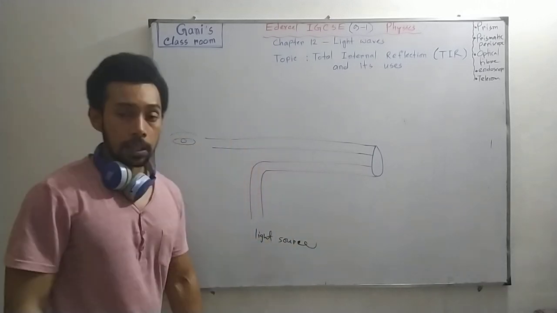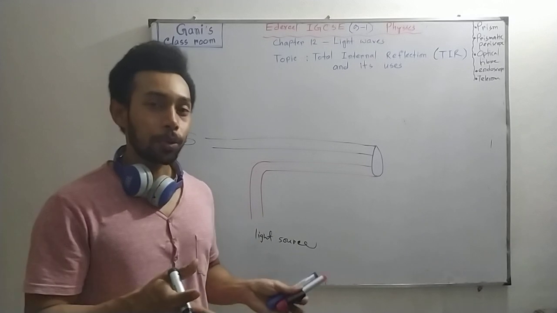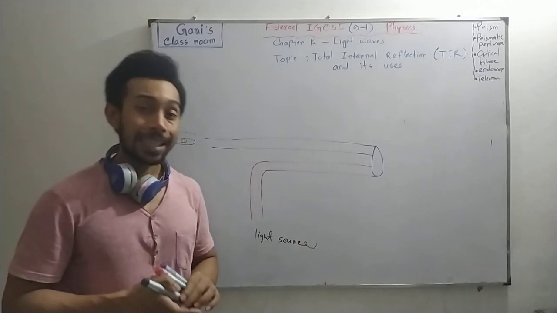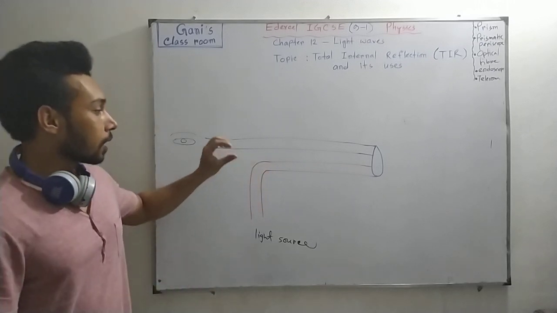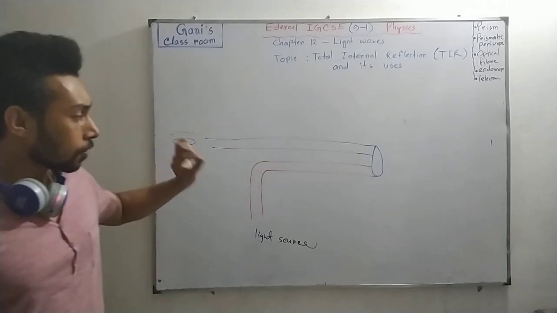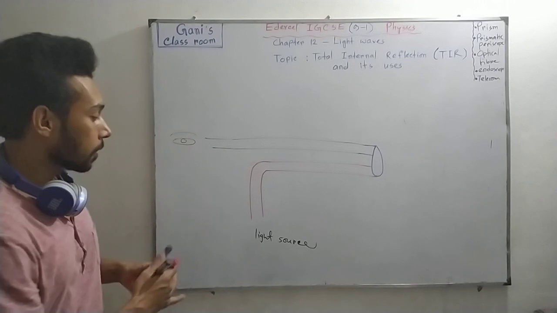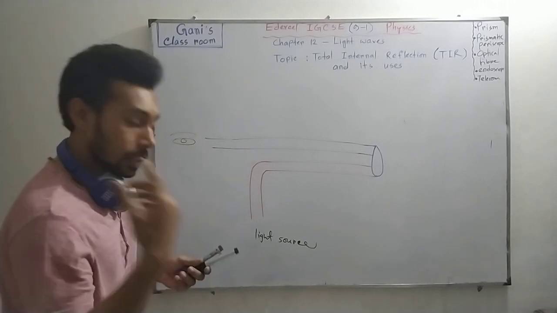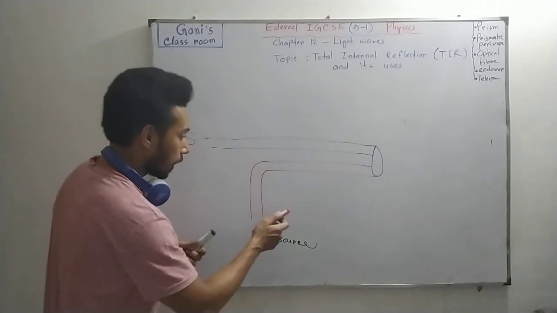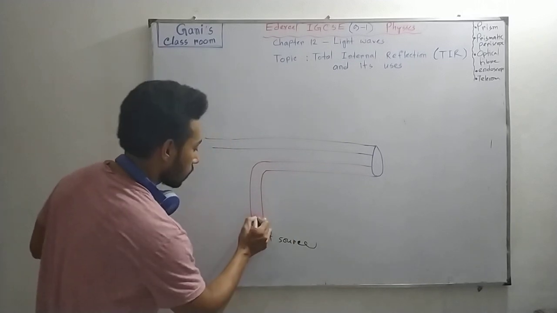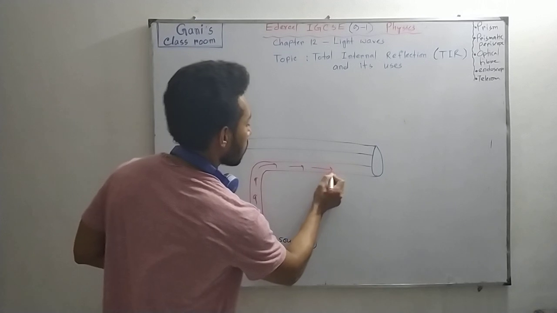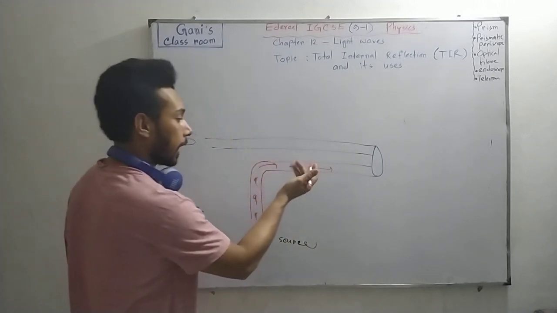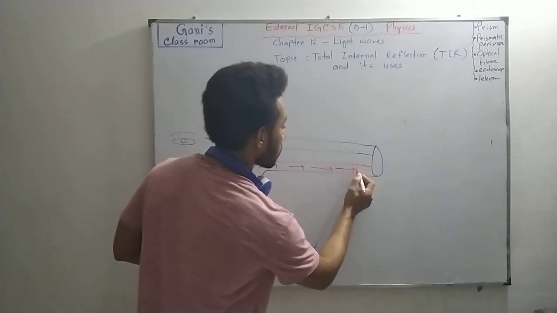Since there is no light source within your body, the doctor can't see what is going on within your stomach. So the endoscope consists of two optical fibers. One takes light along to the inside part of your body, and in this case, again, total internal reflection occurs.